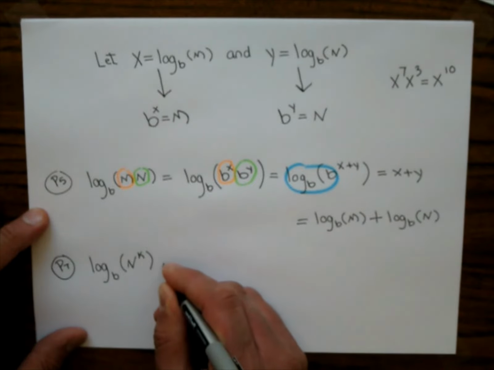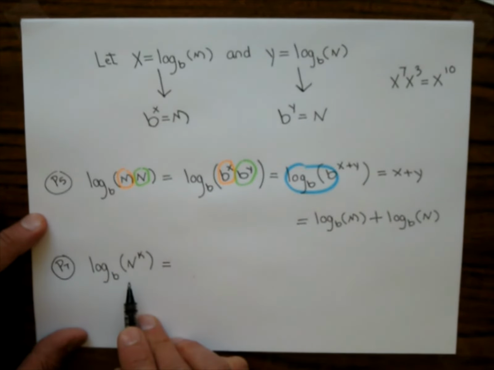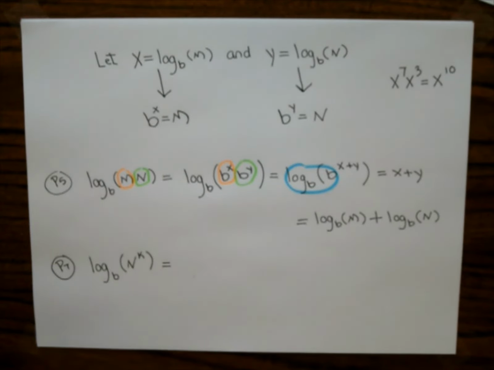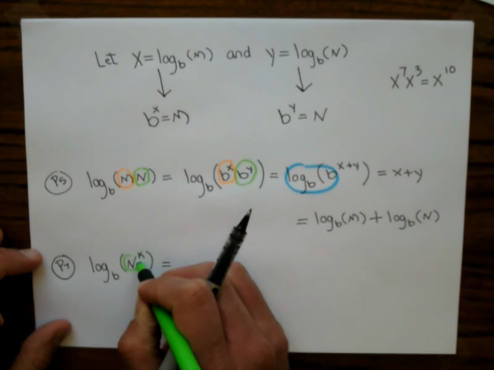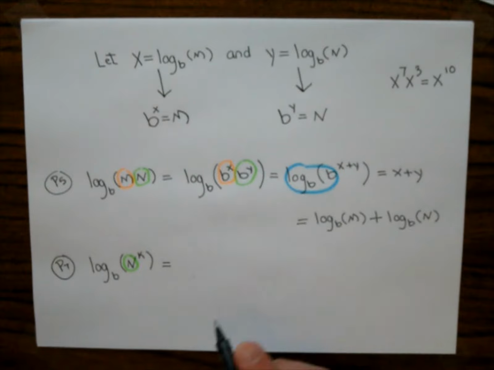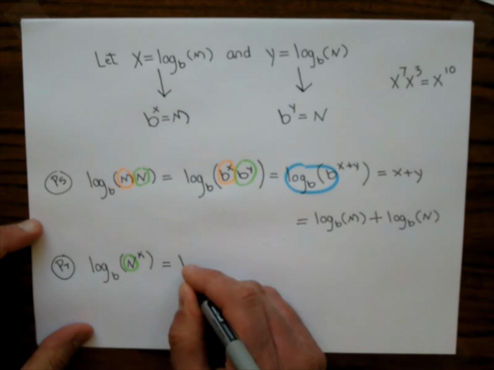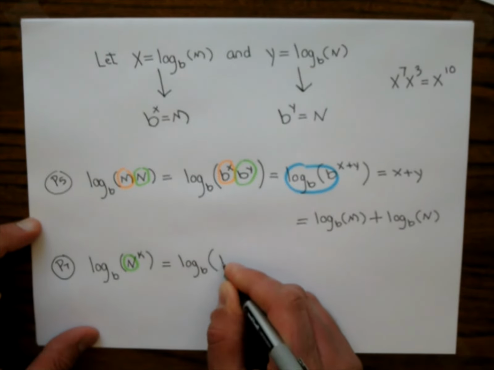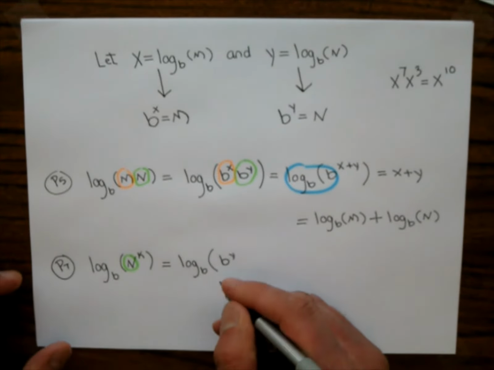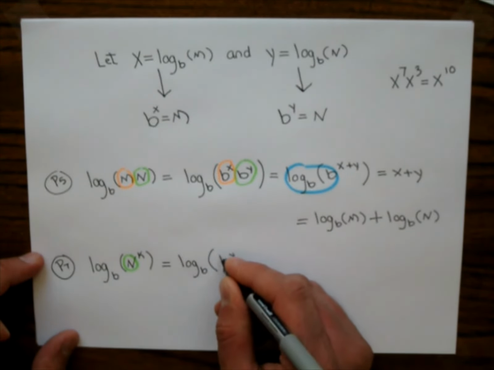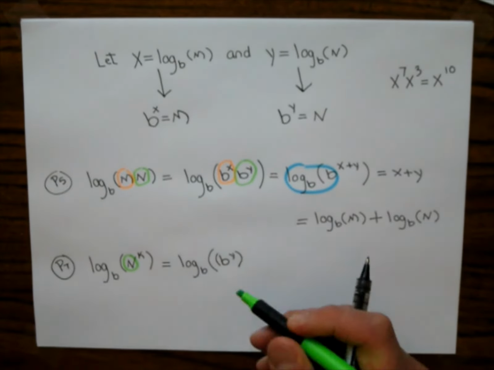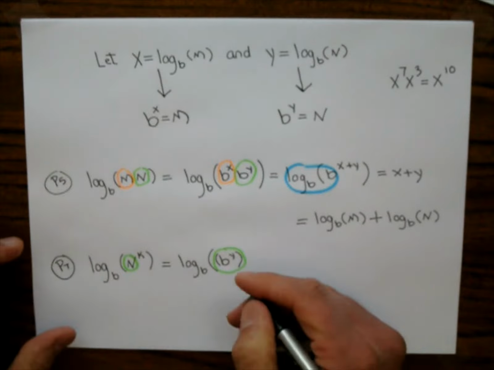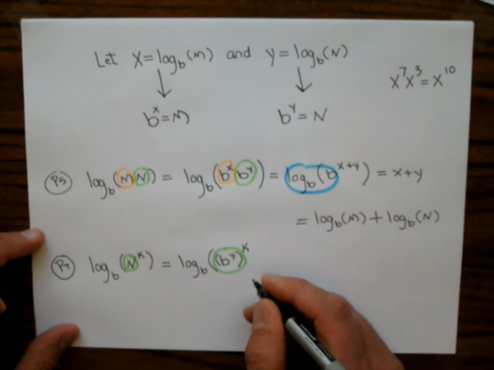Okay, so now we're going to replace n with b to the y. So this is log base b to the y. So that's the green part. And this is raised to the k power.